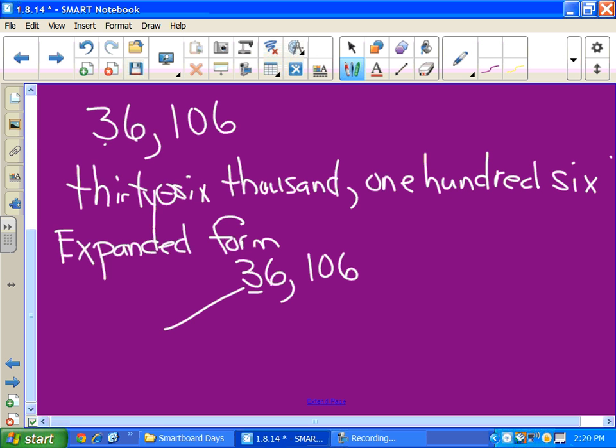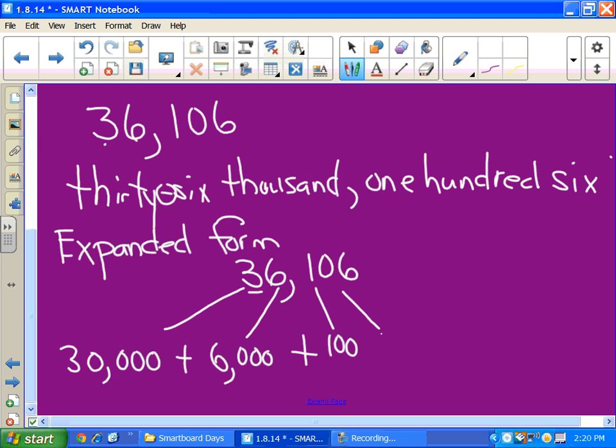That 3 is in the 10,000s, and 3 ten-thousands is 30,000, plus, don't want to forget our plus, because all these together will equal the number we're talking about. The 6 is in the thousands place, so that is worth 6,000, plus 1 in the hundreds place. We don't have any tens, plus 6 ones. So this would be the expanded form for the number 36,106.